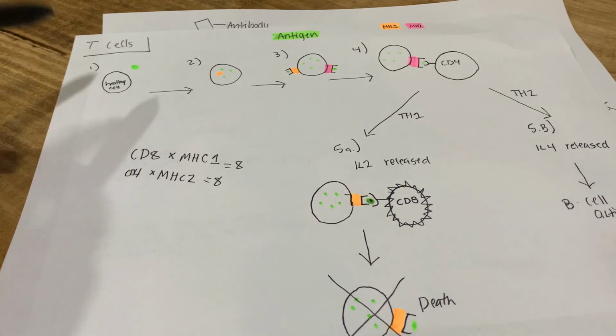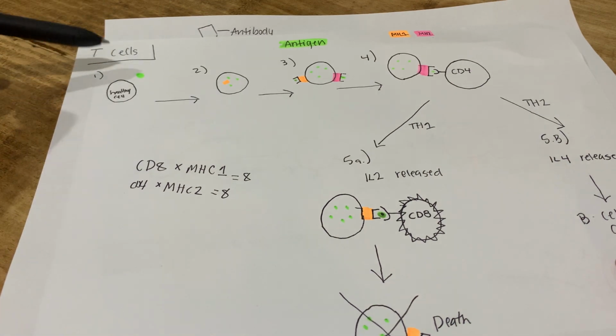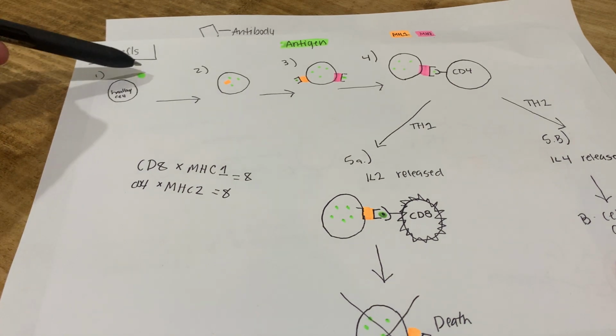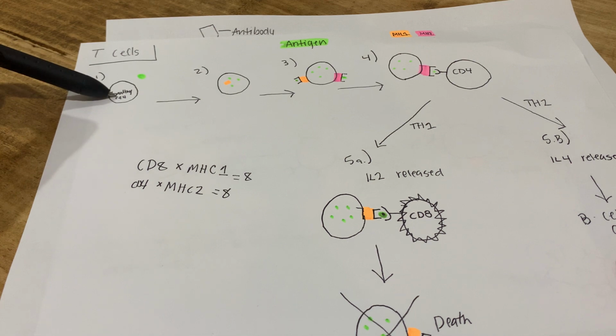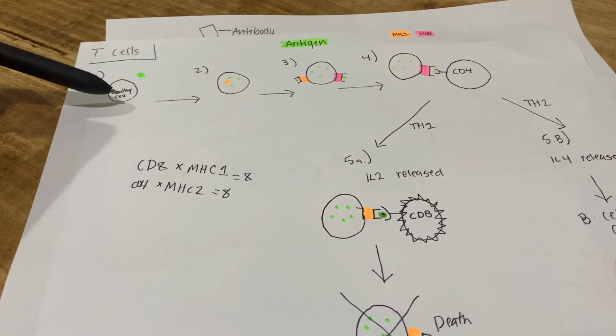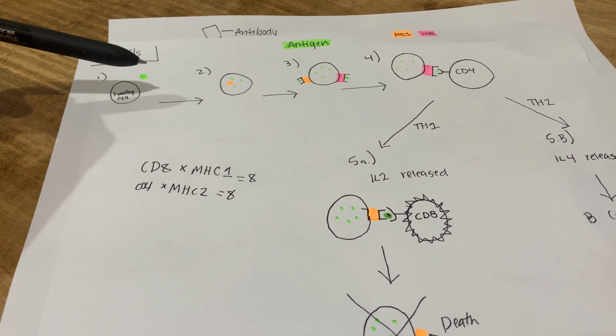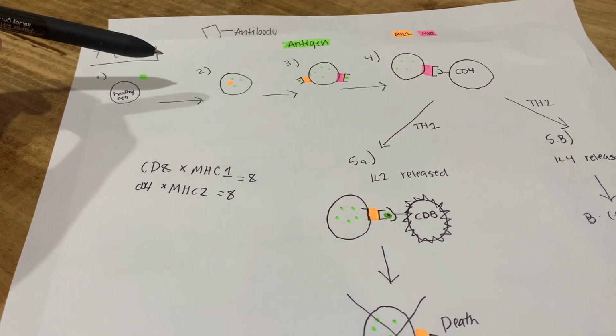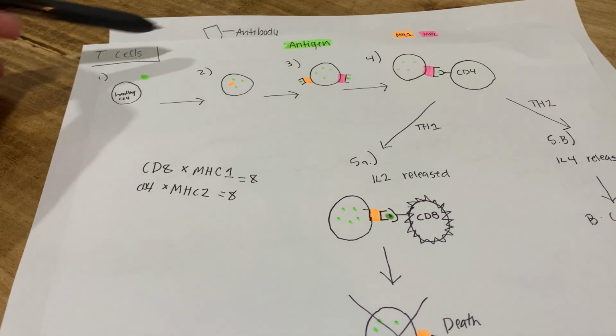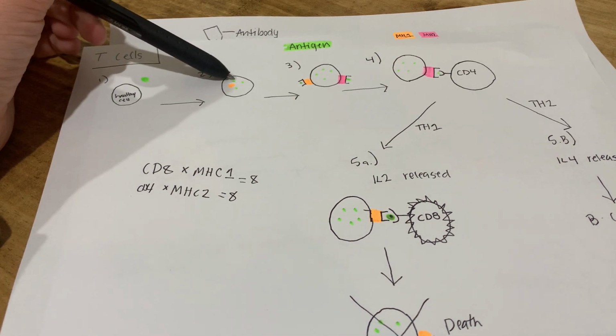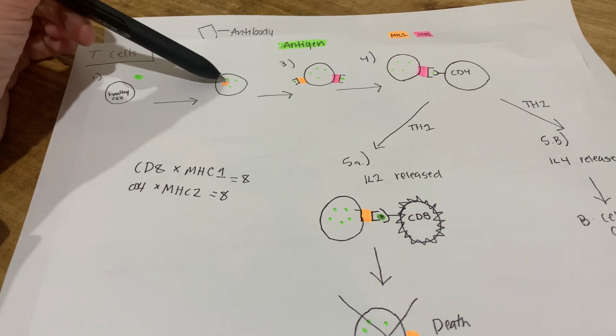CD8 cells, so let's start at the beginning. You have a healthy cell, you have an antigen. Your healthy cell, say that's any cell that will eat it, so a dendritic cell or a macrophage, something that's going to eat it. That cell has eaten the antigen, it's breaking it down.